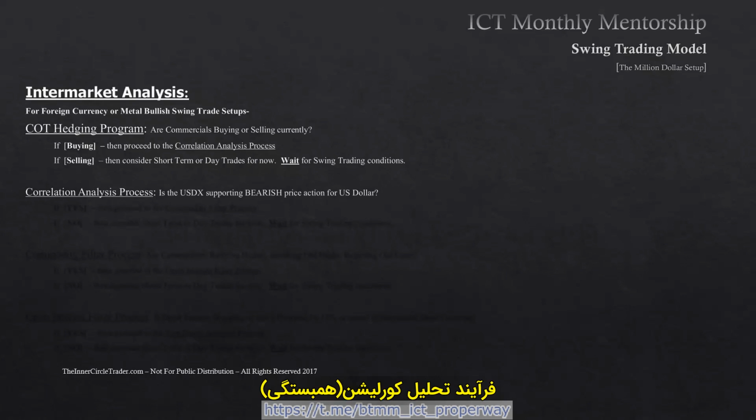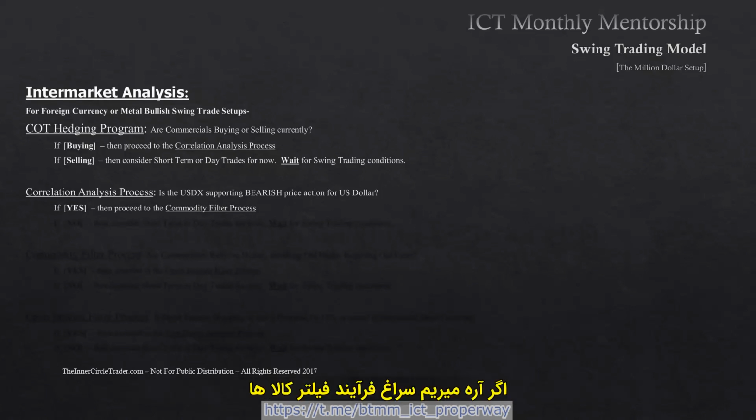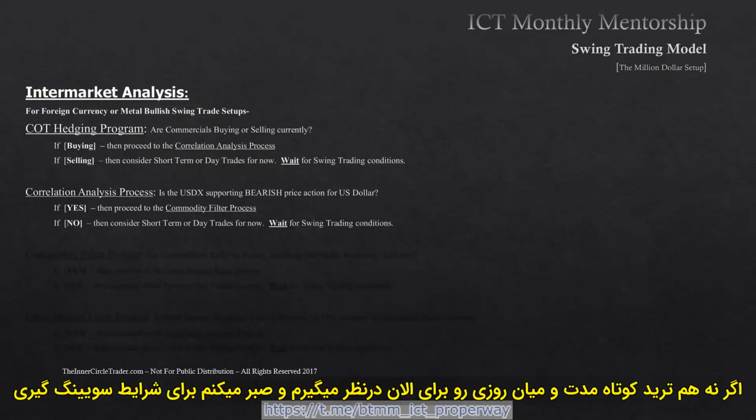The correlation analysis process. The question I ask myself is, is the dollar index supporting bearish price action for the US dollar? If yes, then I proceed to the commodity filter process. If no, then I consider short-term or day trades for now, and I wait for swing trade conditions.